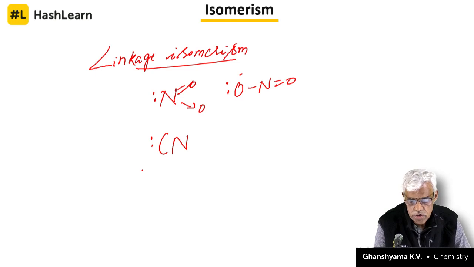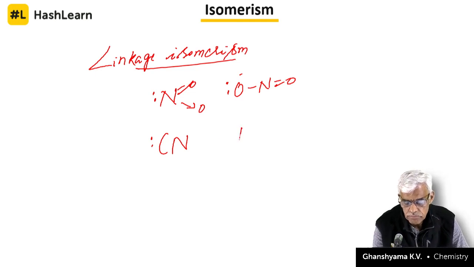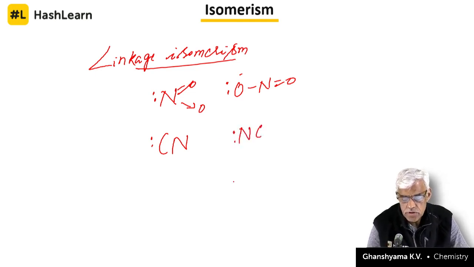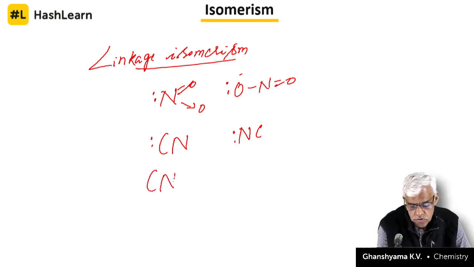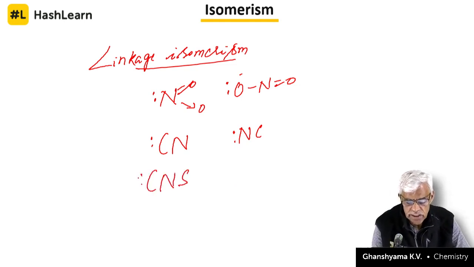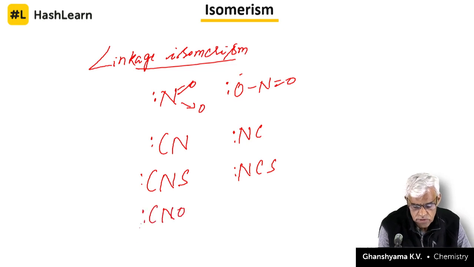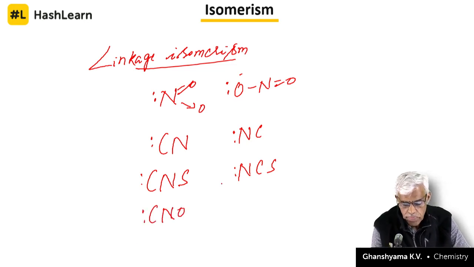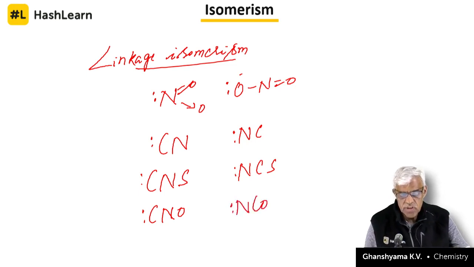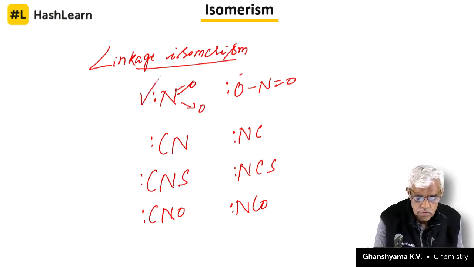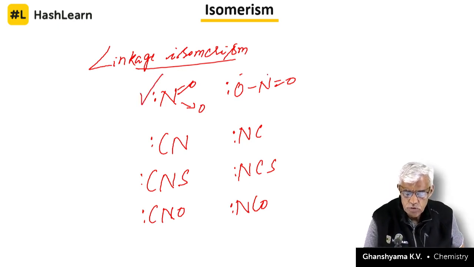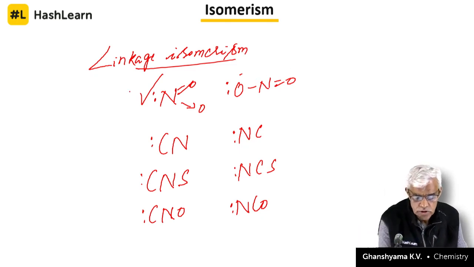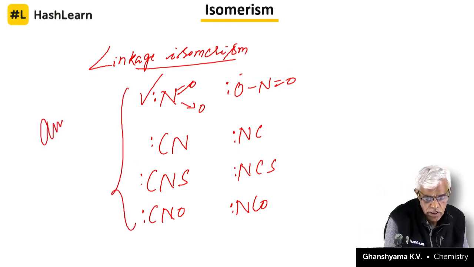CN, C can be connected to the central metal or N can be connected to the central metal. CNS, C can be connected to the central metal atom, or NCS, N can be connected. CNO, C can be connected to the central metal, it's the ligand, it is the ligating atom. NCO, same groups. Nitro connected to N, nitro connected to O, etc. These are called ambidentate ligands.